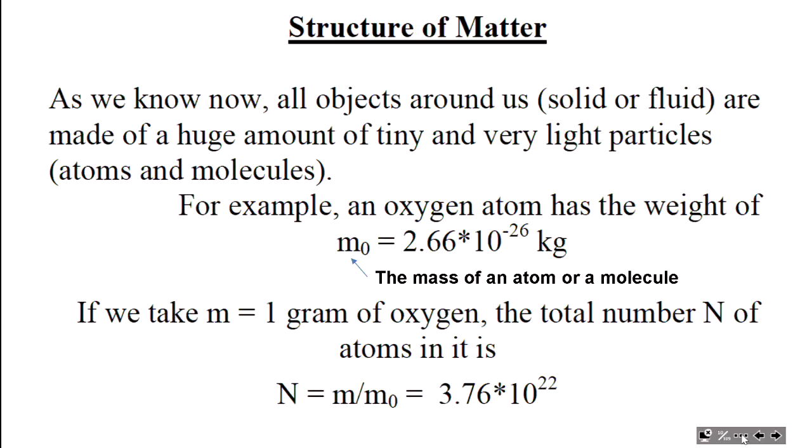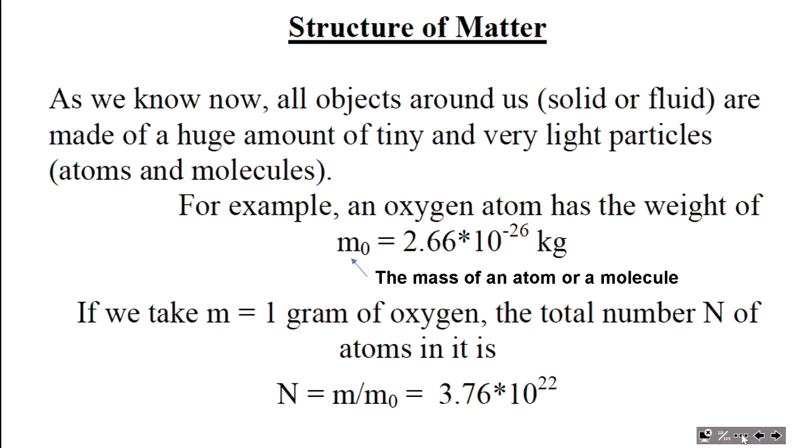So using the international system of units, using kilograms or even grams, is not really convenient. For example, here you can see a number for the atomic mass of oxygen, 10 to the minus 26. We have no intuition on that.